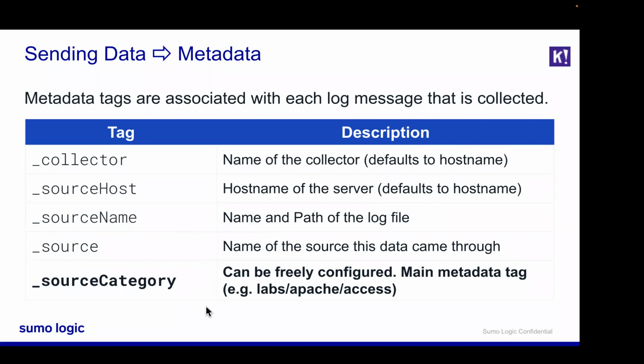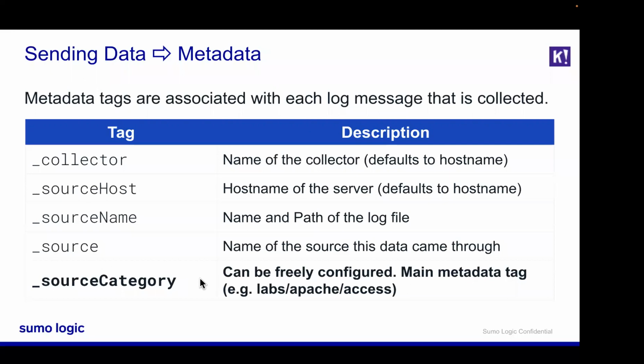But what you're really going to take notice of is the one at the bottom where it's in bold. That's our preferred method. That's our recommended method. You're going to see us utilize this _sourceCategory metadata tag most often.